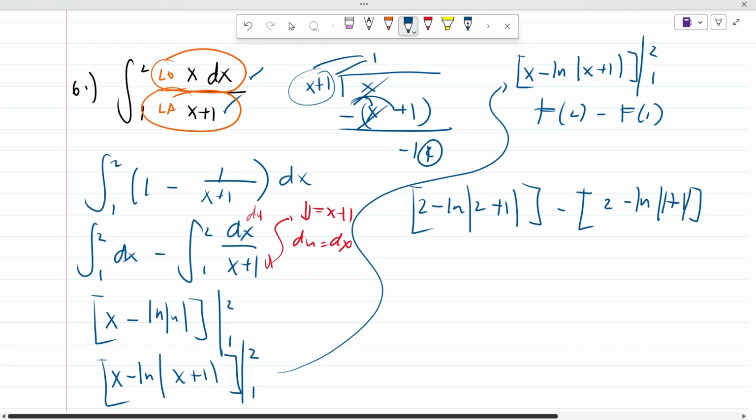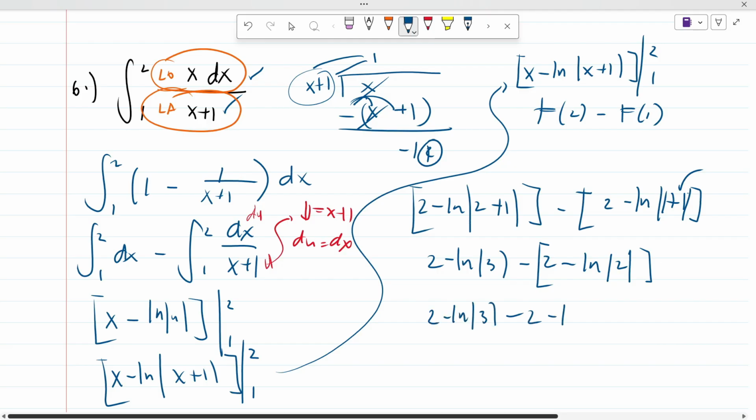Yan, guys. So, 1 plus 1 yan, guys. 2 minus ln of 3, minus 2 minus ln of 1 plus 1, guys. 2. So, 2 minus ln of 3. This will be positive, guys. Distribute lang yan.